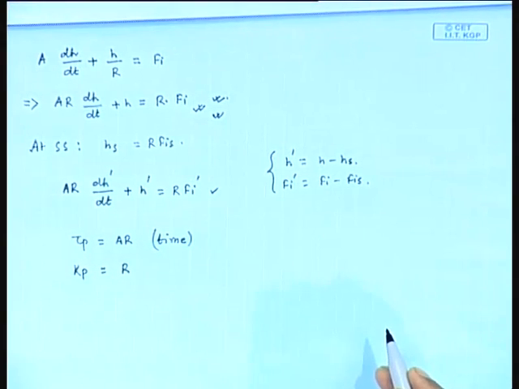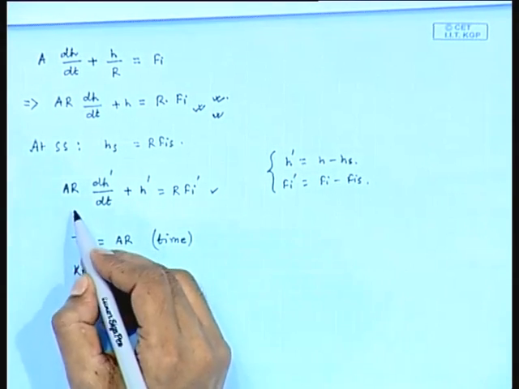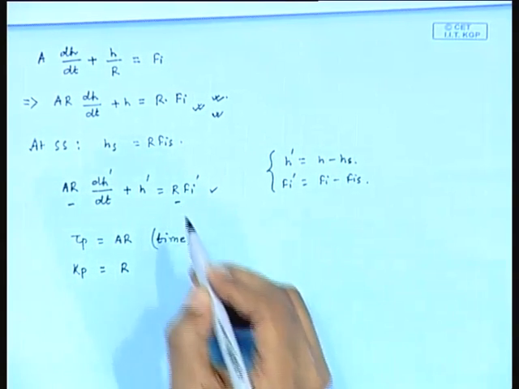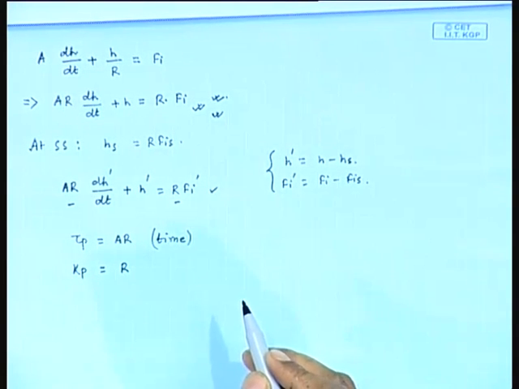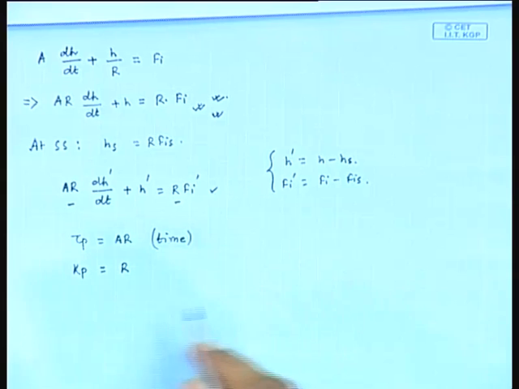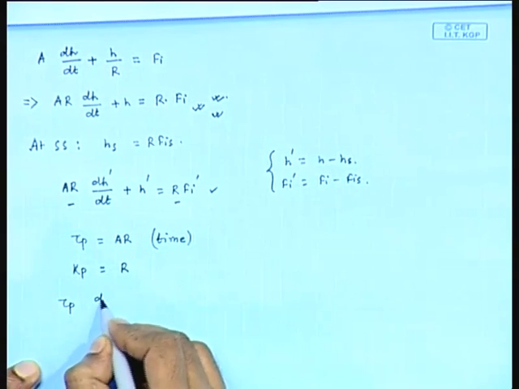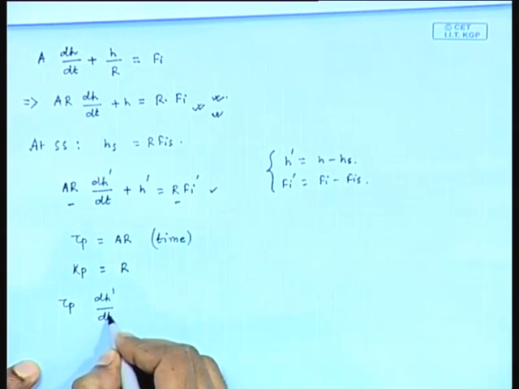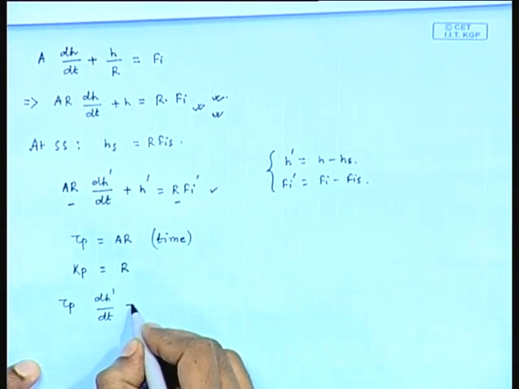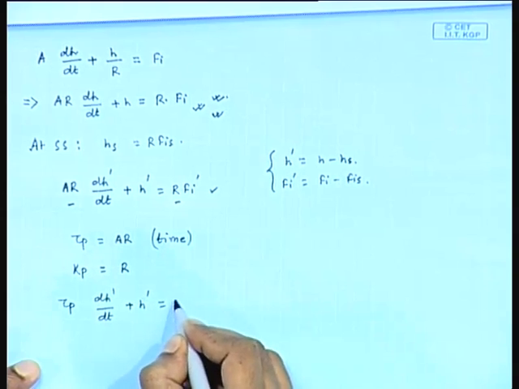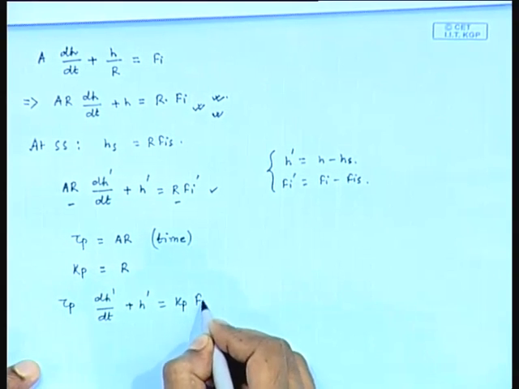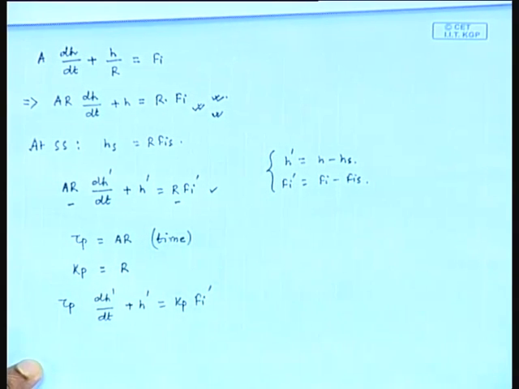Now, we will just replace this AR term here by tau p and R by this Kp term. Then we get tau p dh prime/dt plus h prime equal to Kp Fi prime. Again we will take Laplace transform of this.